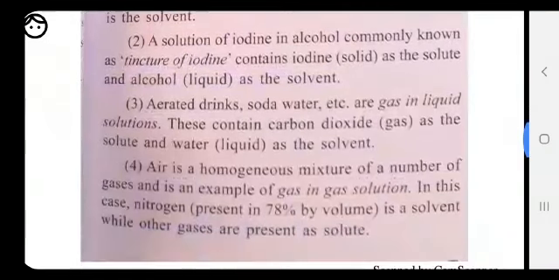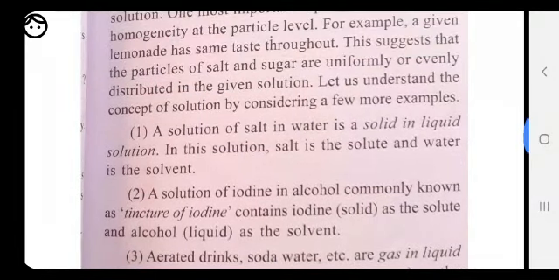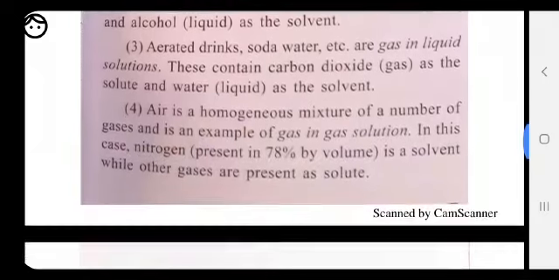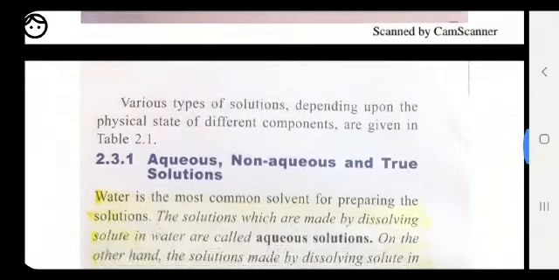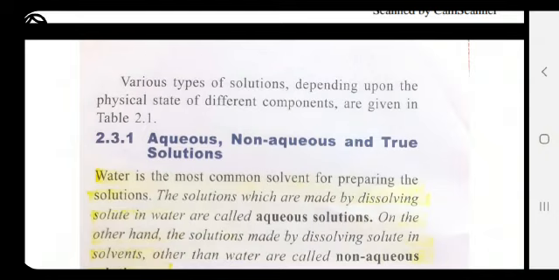Now here we have some characteristic properties of solution. First we have to discuss that there are various types of solution. We have true solution, suspension and colloids.